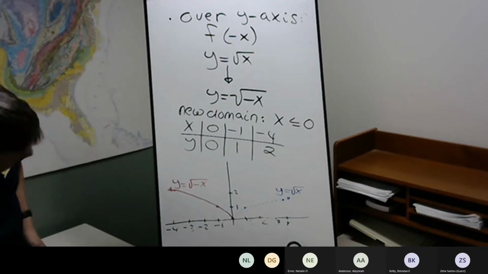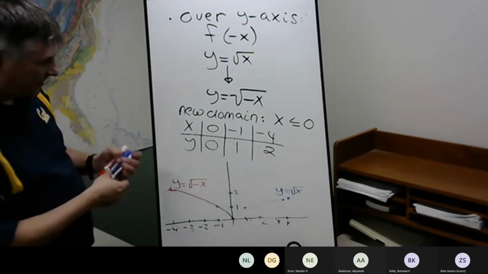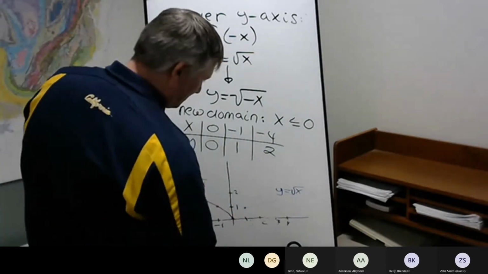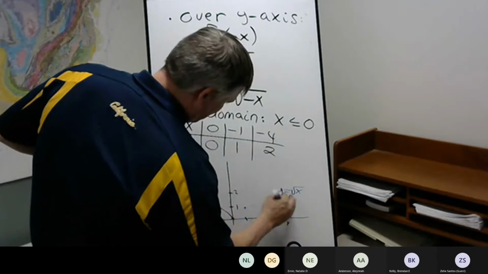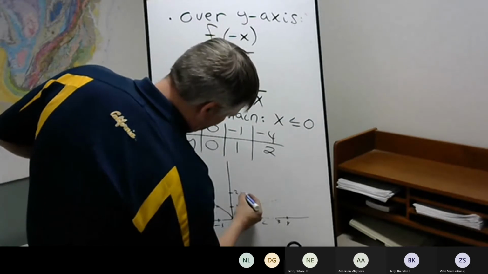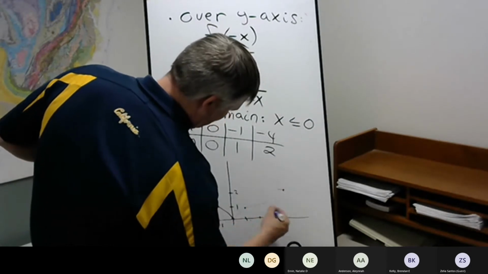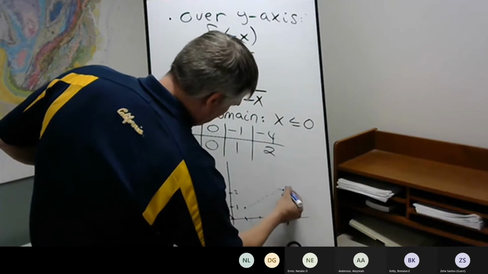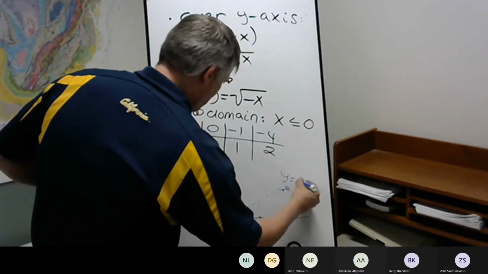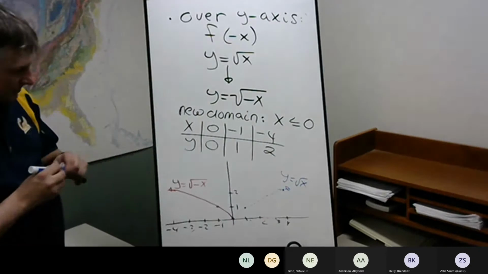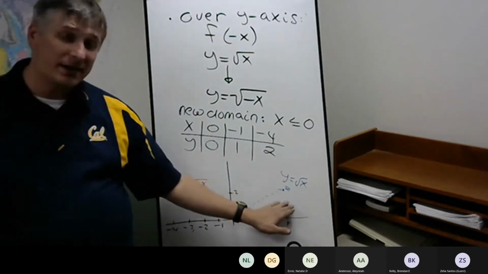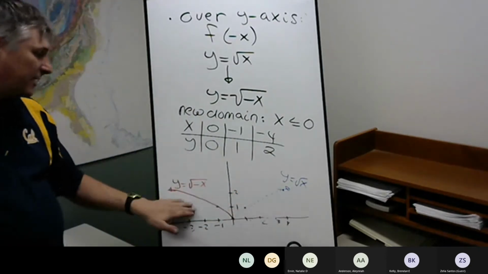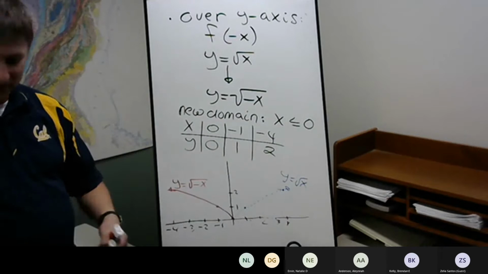So all this does, barring artistic license, is take y equals square root of x and flip it across the y-axis.